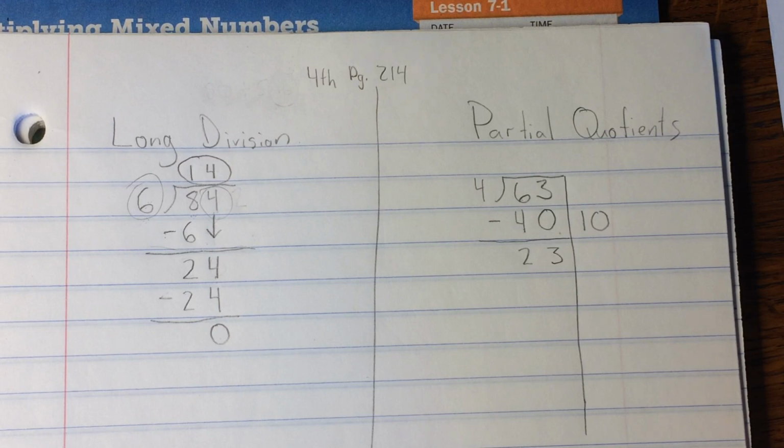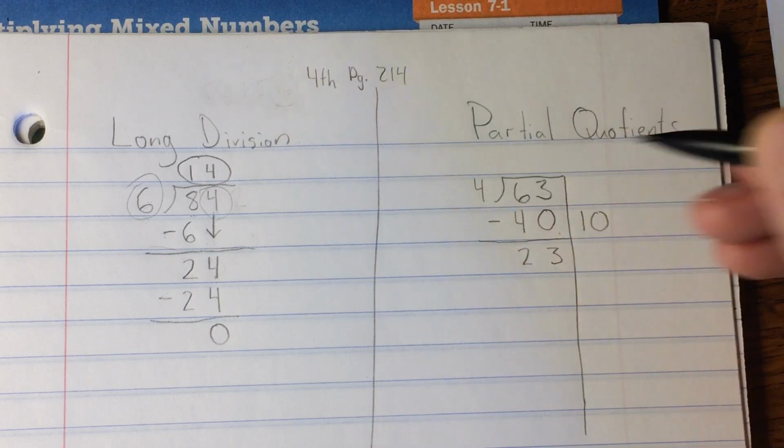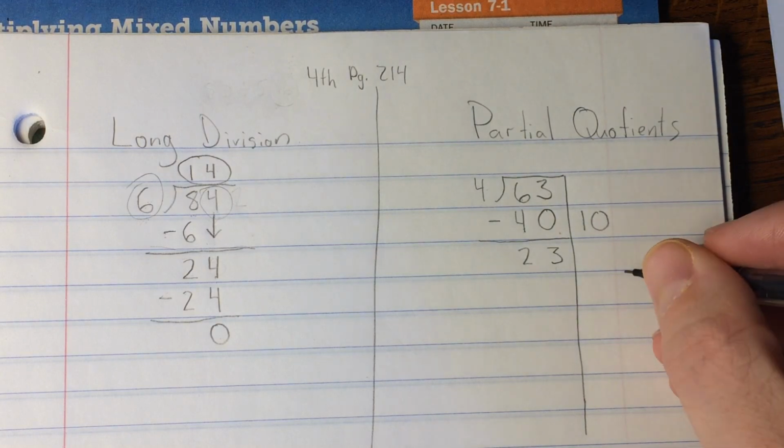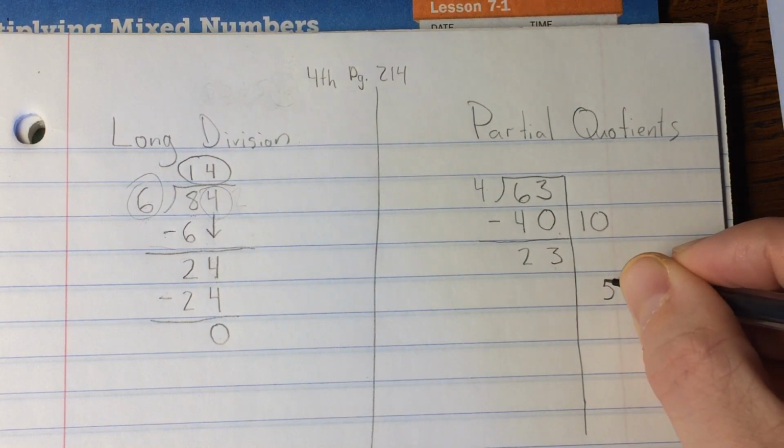It's always going to be an even number. So this tells me we might have a remainder waiting for us here. So the question is, what can we multiply 4 by that will get us close to 23 without going over? And in my head, the first thing to come to mind was 4 times 5.